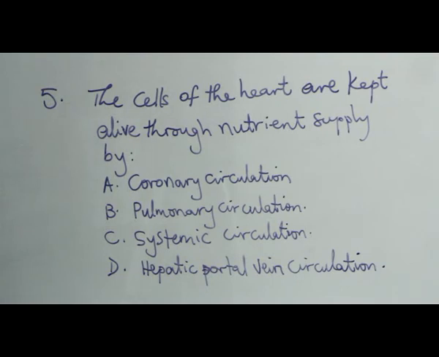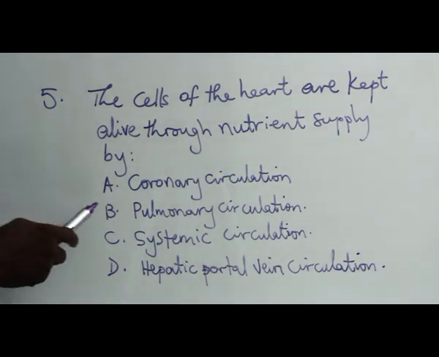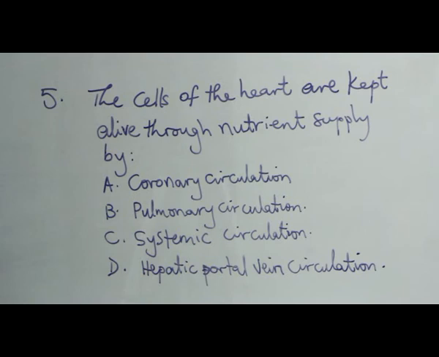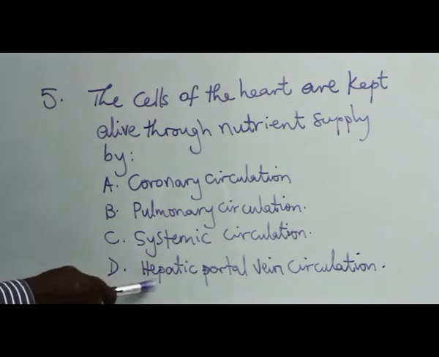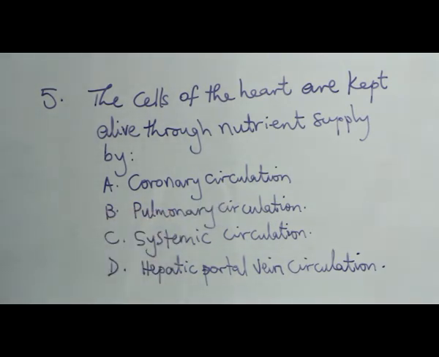Example 5. The cells of the heart are kept alive through nutrient supply by A, coronary circulation, B, pulmonary circulation, C, systemic circulation, and D, hepatic portal vein circulation.